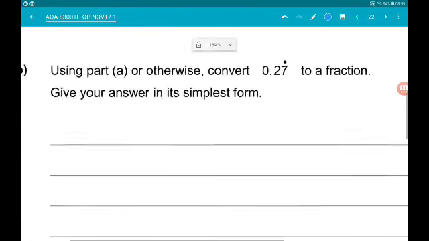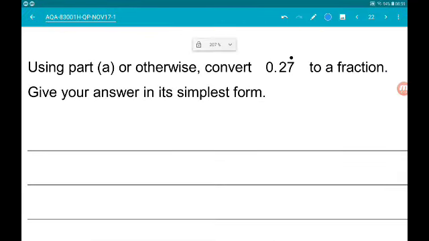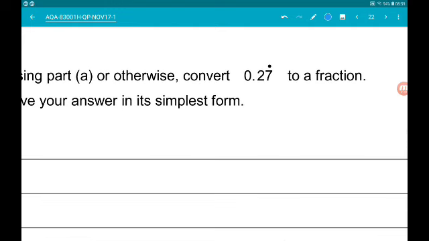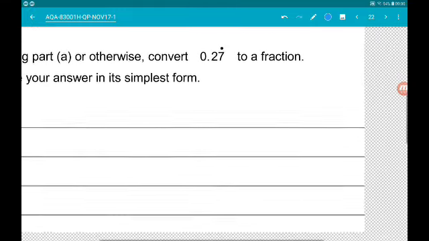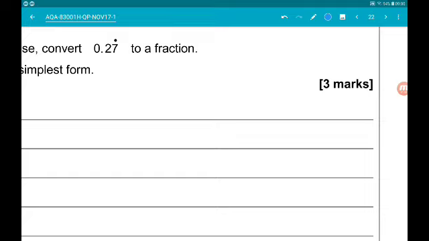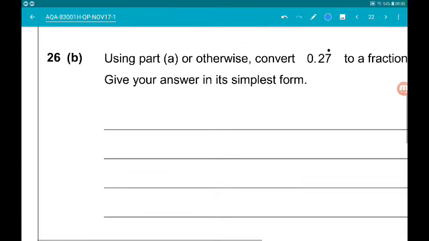Then part B says, using part A or otherwise, convert 0.27 recurring into a fraction. Give your answer in its simplest form, 3 marks. So I'm not going to use part A, I'm going to do this as a normal question.